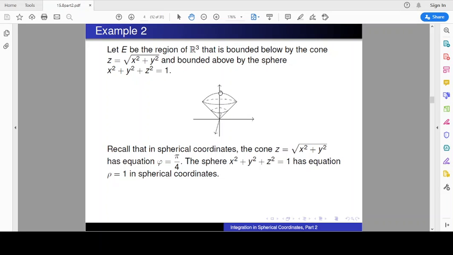And then as we move phi along a little bit, the radii still go from 0 out to 1 at the edge of this sphere. And in fact, even as we keep moving phi larger and larger, the radii rho still go from 0 at the origin all the way out to rho equals 1 at the edge of this sphere.